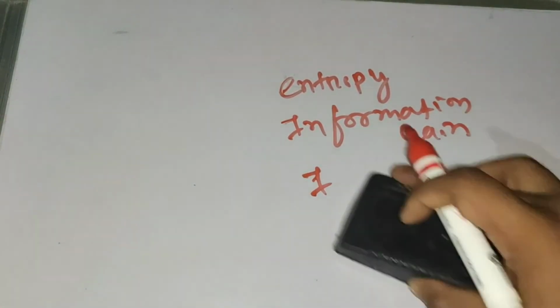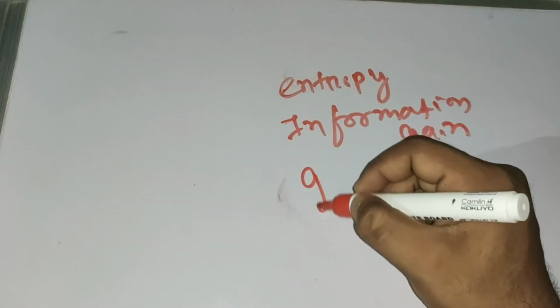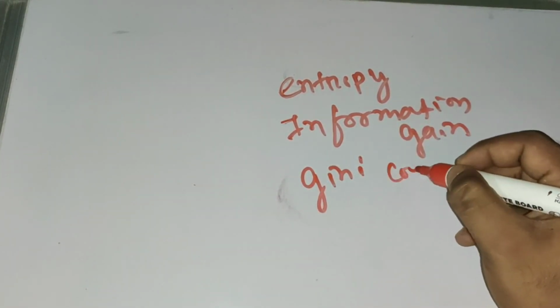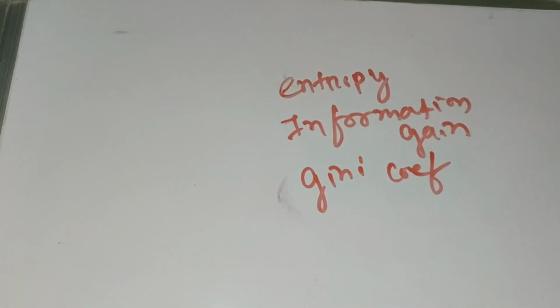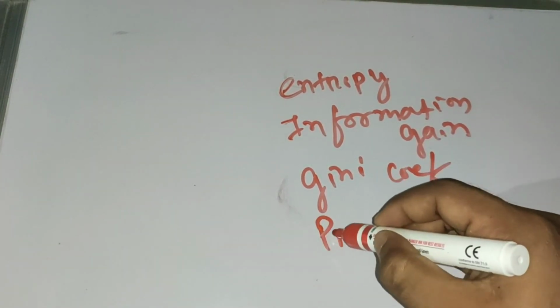Something called the Gini coefficient, for that also I'll be making a separate video, and pruning. All these concepts I'll be explaining in my further videos, and about a different algorithm I'll be coming up with a separate video.